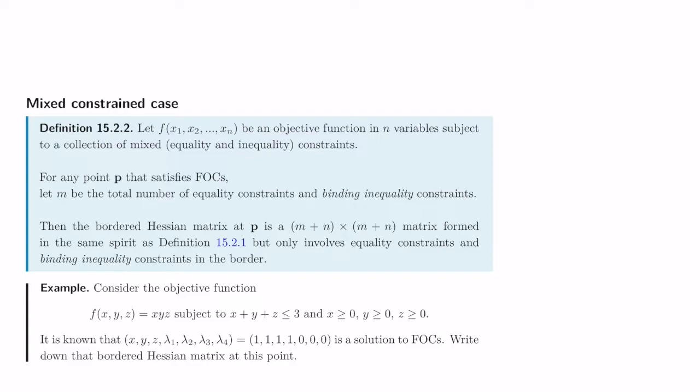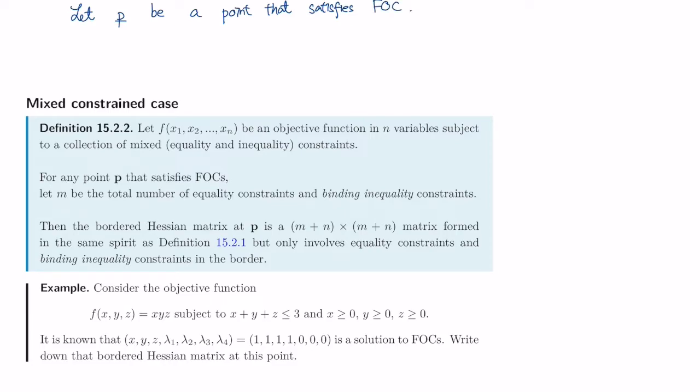But I need to firstly pick a point first. So I'm going to pick a point that satisfies the first order condition. So let me write down here. So let P be a point that satisfies the first order condition, okay?